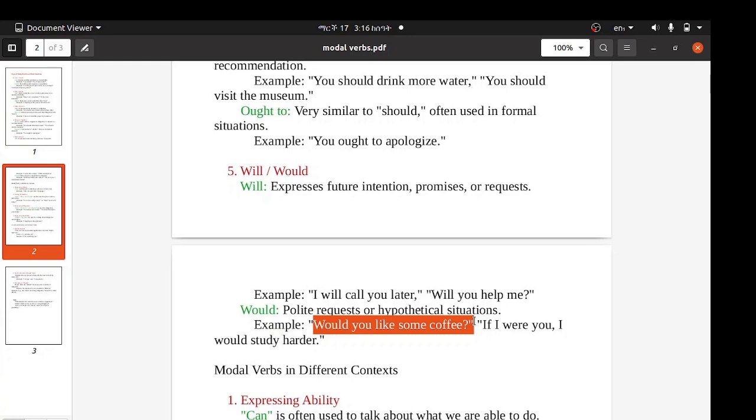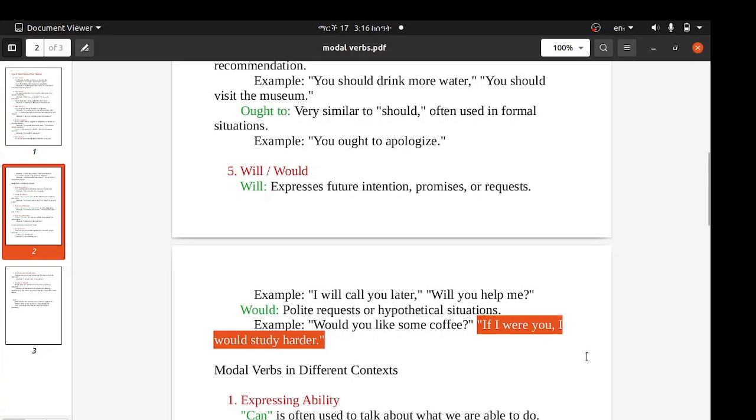This is a polite request or hypothetical situation. So another example, if I were you, I could study harder. This is a hypothetical situation.